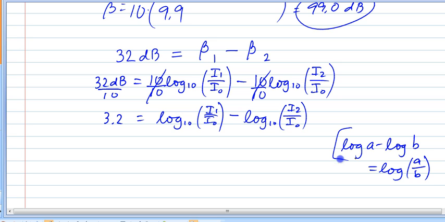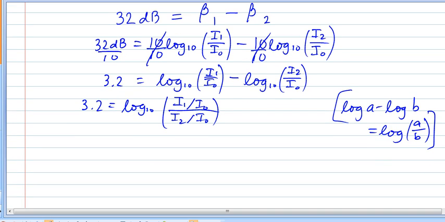I'm just asking you to believe me. You might have learned about it if you're that far in math. Otherwise, check out the appendix of your book. Okay, so this means that 3.2 is equal to the log base 10 of, now pay attention, I1 over I0 divided by I2 over I0.